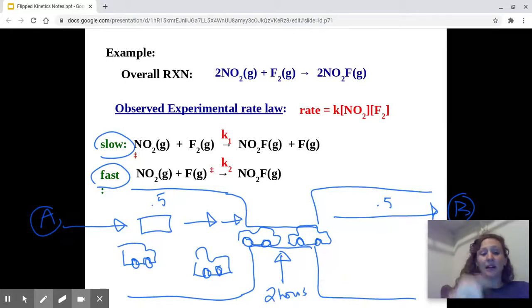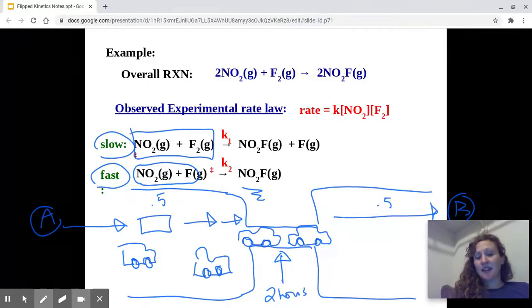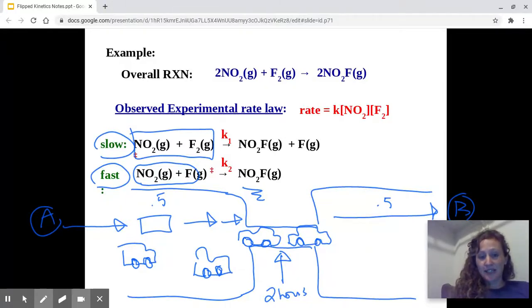It doesn't matter how fast NO2 and atomic fluorine can combine to form this product, because if this first section is slow, then it's going to drop off. Let's say this first section drops off 1 NO2F and 1 atomic F every hour. 1 per hour.